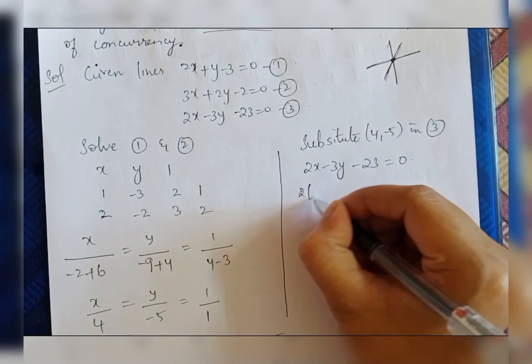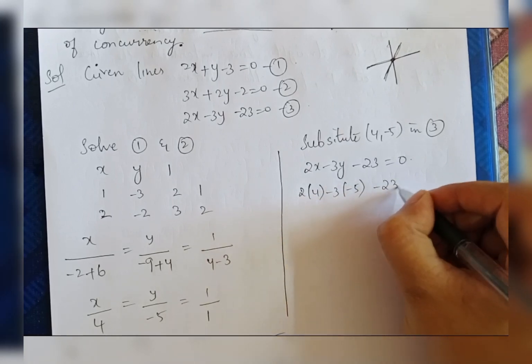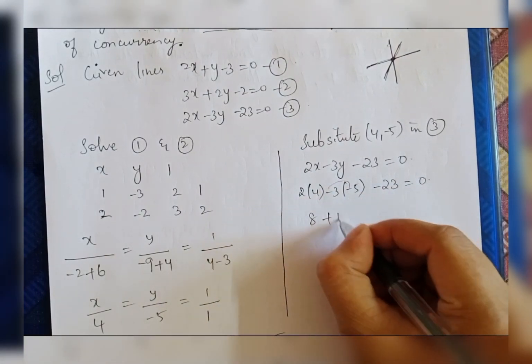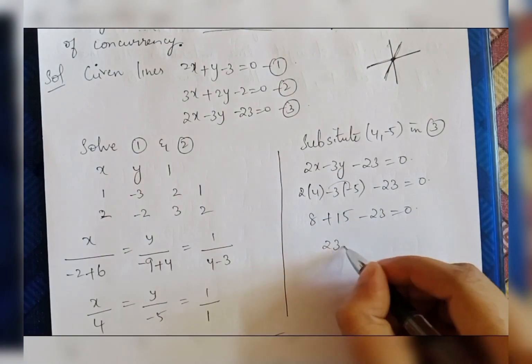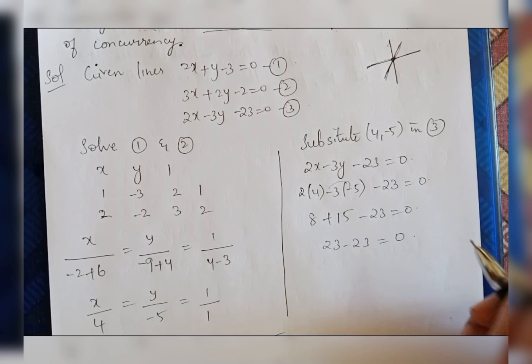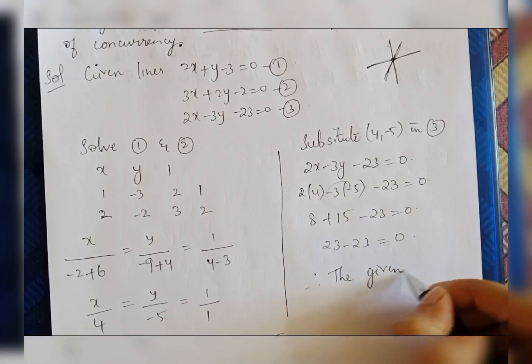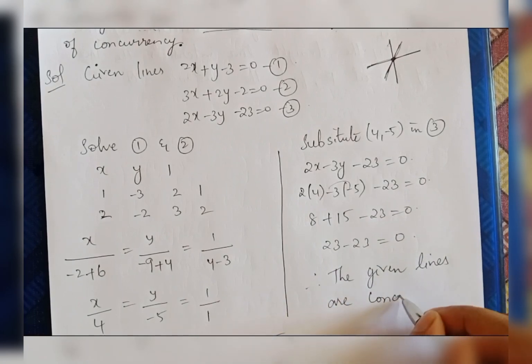So it will be 2 into 4 minus 3 into minus 5 minus 23 equal to 0. 4 2s are 8, minus of minus is plus, 3 5s are 15, minus 23 equal to 0. So here it will be 23 minus 23 equal to 0. Therefore, the given lines are concurrent.